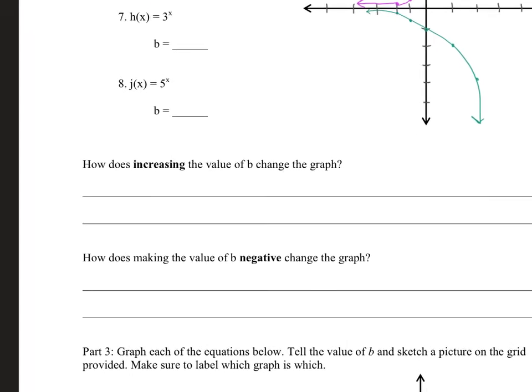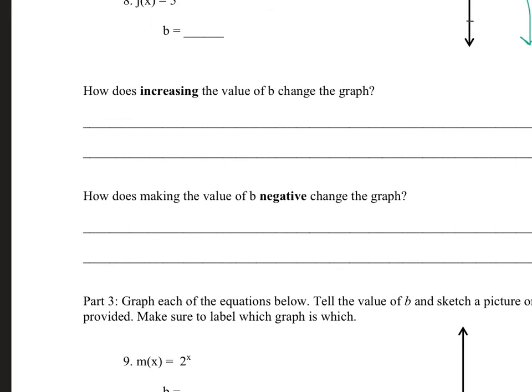So what I want you to do for these questions, obviously increasing the value of b, that's just going to make your graph increase faster. Now, as far as making the value of b negative, I want to change this question to say making the value of a negative, because that's how we always remember this.